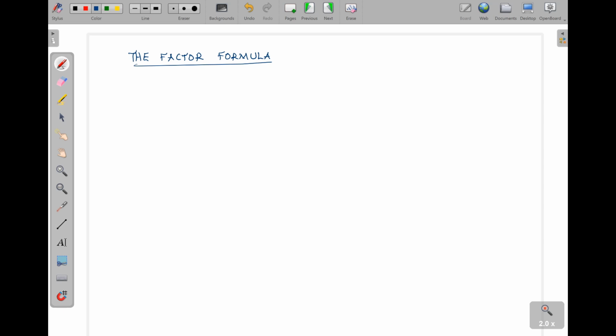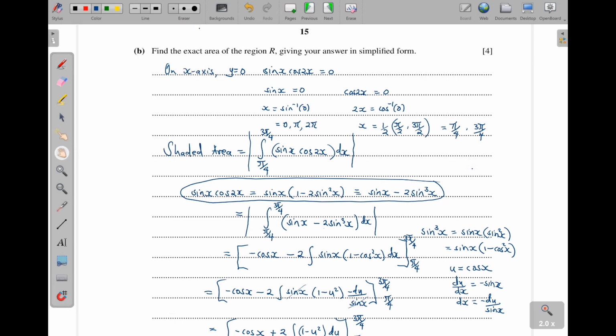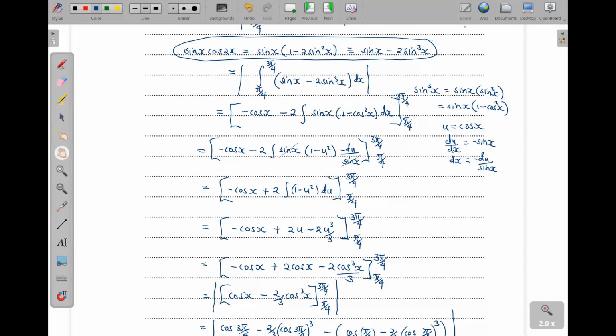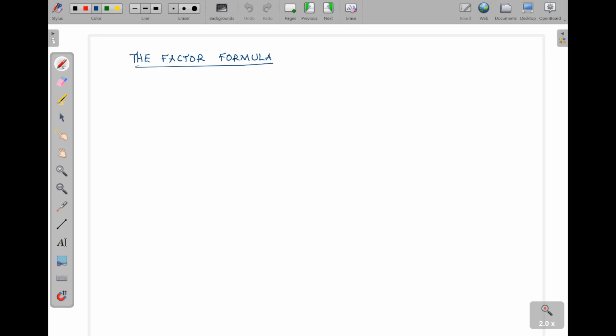And what do we have here? The one that we are having here is the integral. We have sine and cos 2x. Okay, we have sine of a plus sine of b.